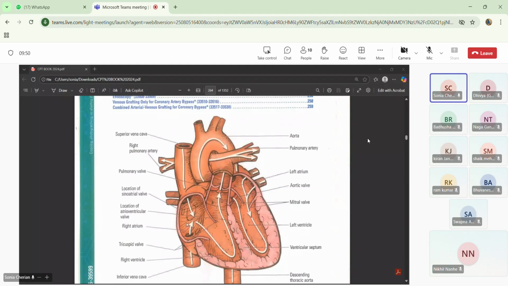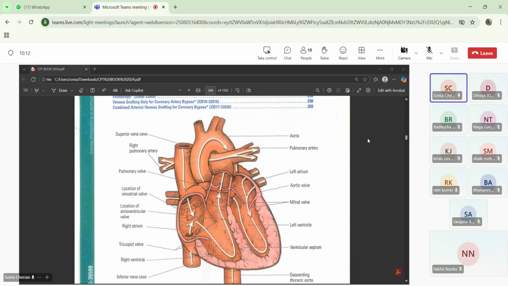This plaque buildup will lead to a narrowed coronary artery, so there won't be proper blood supply. Then that area starts dying without proper blood supply.